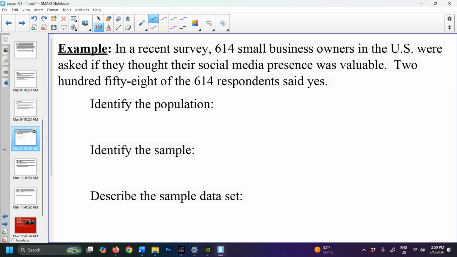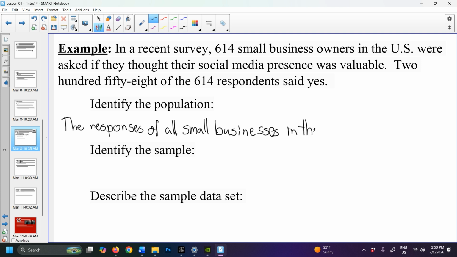All right, the population is going to be the responses of all small businesses in the United States.